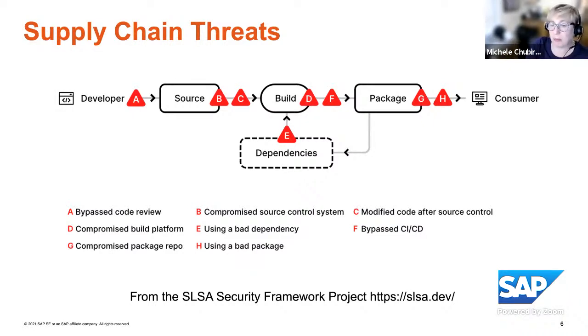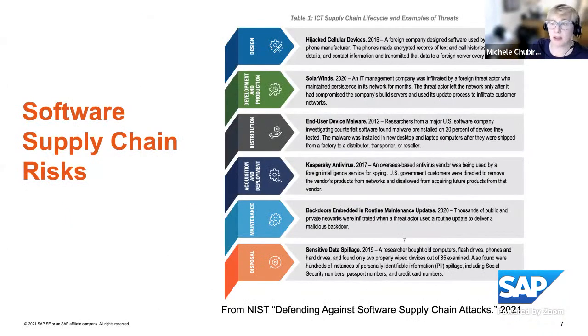You could have bypassed CI/CD altogether and just published something from a developer desktop. You could have a compromised package repo, or you could just have a bad package. These are just some of the elements that you should think about that could impact your own supply chain. Let's talk a little bit about the NIST software supply chain risks.